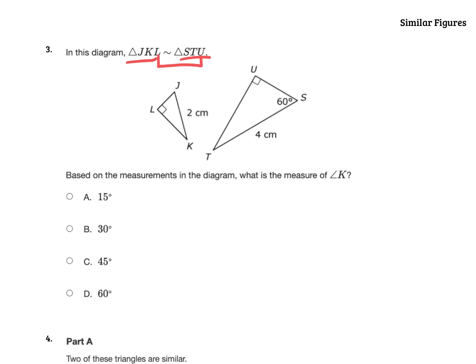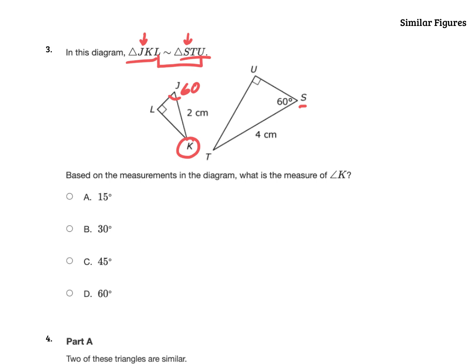And then S is the first letter, so that means J is the first letter. So that means these two angles are congruent. Based on the measurements in the diagram, what is the measure of angle K? Okay, so we're looking for this angle here. Well, because the similarity statement tells us which angles are congruent, that means angle J is also 60 degrees.